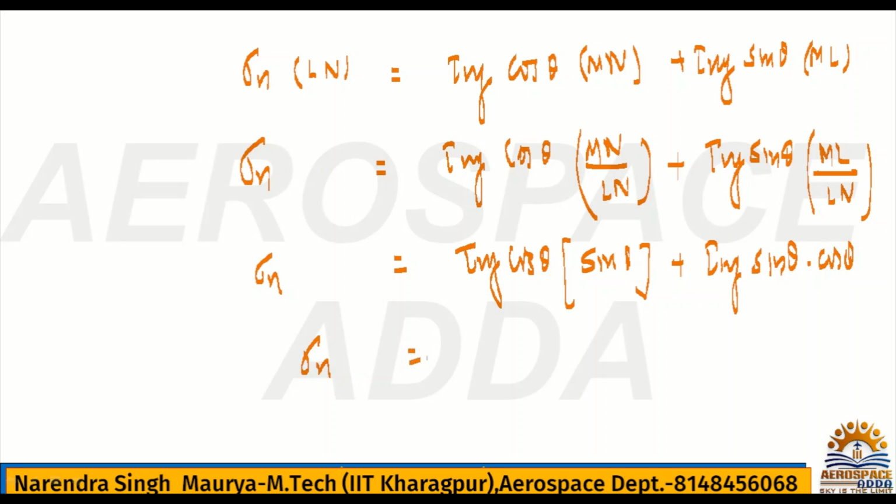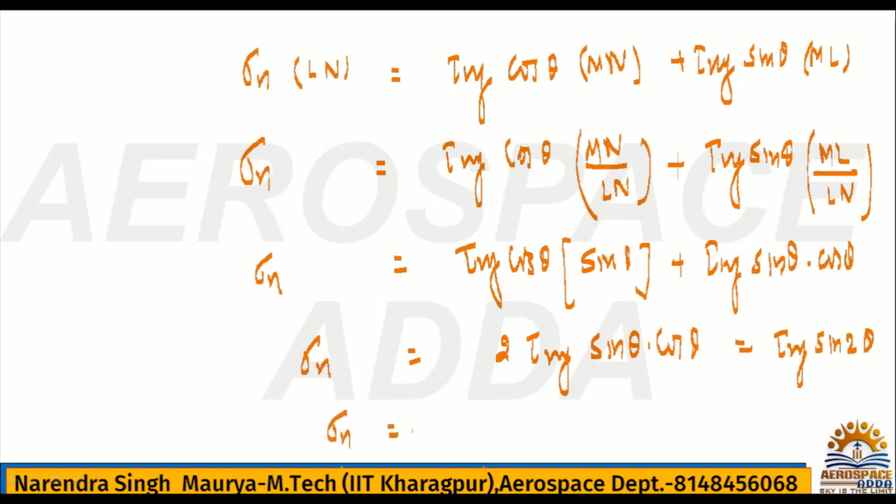So what is sigma n? It is nothing but 2 times tau xy sin theta into cos theta. Or also you can write 2 sin theta cos theta is nothing but sin 2 theta. So you got sigma n equals tau xy sin 2 theta.